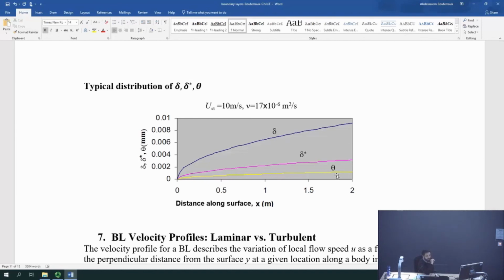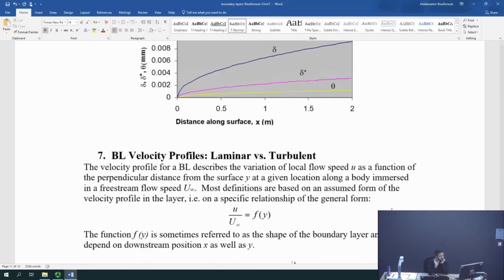For example, if you're given an example to work out displacement thickness and momentum thickness, and you end up with momentum thickness greater than your displacement thickness, you've done something wrong. So that helps to keep you aware that delta is greater than delta star, and delta star is greater than theta. This is to keep you in order, if you like.